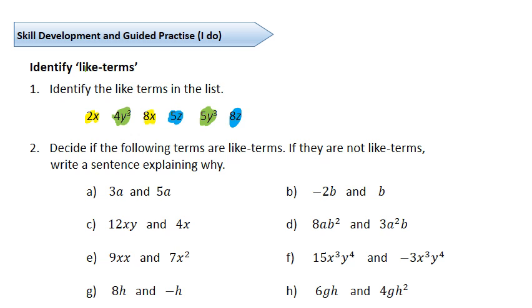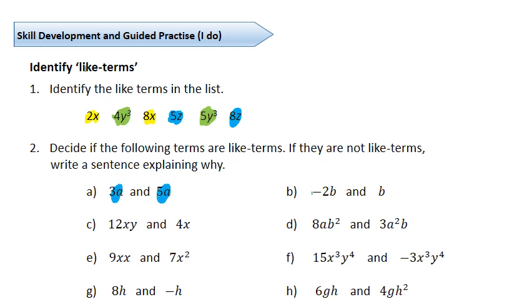Right, with this next one down below, it can sometimes be a bit tricky finding like terms and saying why two terms aren't alike. So let's have a look at some of these ones. First one, 3a, 5a. These ones are like because they both have an a in them, and that's all they have.